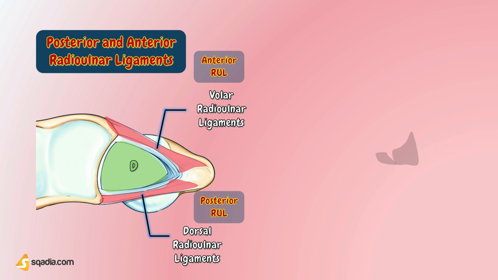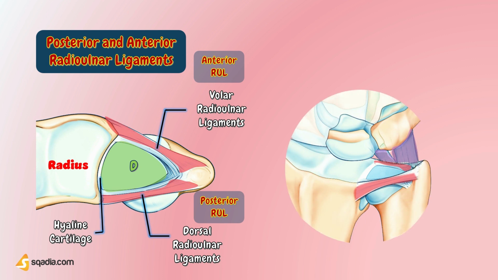These ligaments attach directly to the radius bone, while the triangular fibrocartilage disc proper attaches into hyaline cartilage. This hyaline attachment is weaker than the opposite bony attachment to the ulna. Both these ligaments are reinforced by the ulnocarpal ligaments.